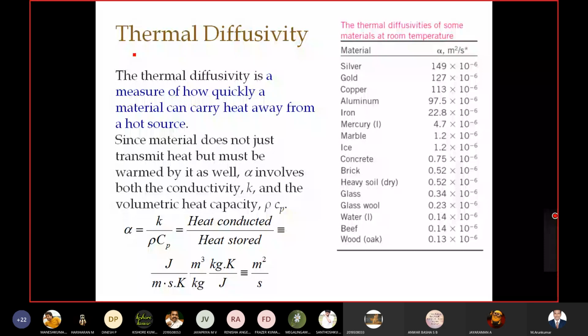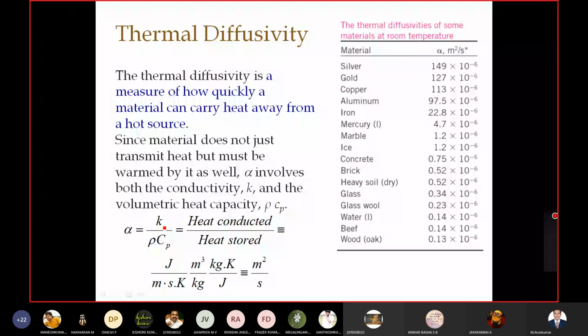Since a material does not just transmit heat but must be warmed by it as well, this thermal diffusivity, called alpha, involves both the conductivity and the volumetric heat capacity, rho Cp. So thermal diffusivity can be calculated as the ratio between Kt and the volumetric heat capacity, rho Cp.